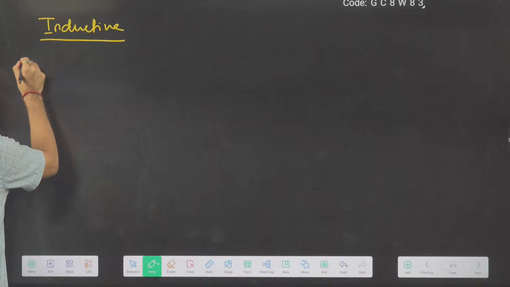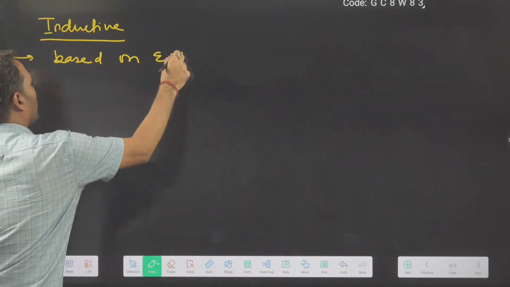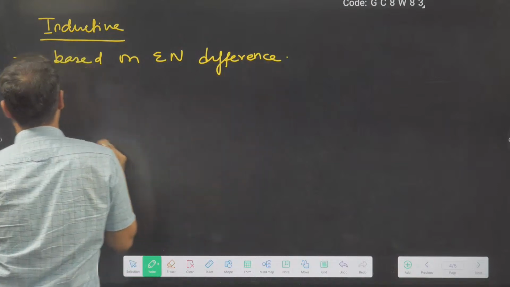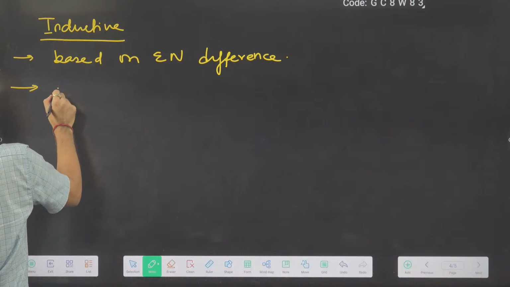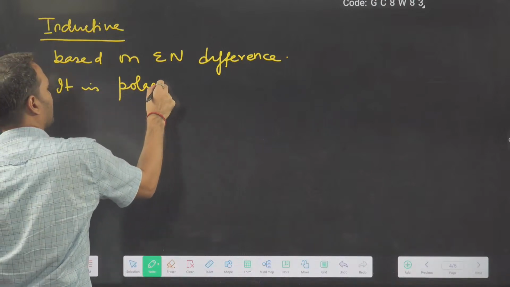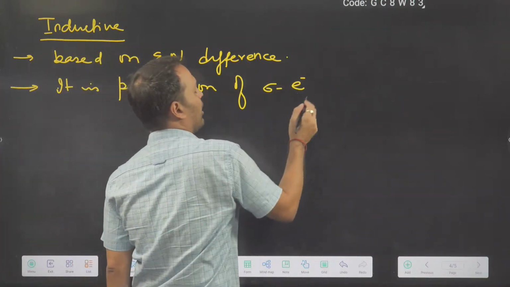Inductive effect. They are saying a few points are there based on electronegativity difference. Next point, what are they saying? What is the inductive effect? It is polarization of sigma electrons.